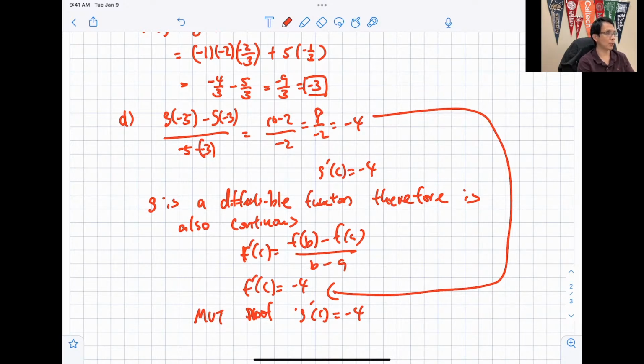Mean value theorem is you have a slope between those 2 points, and you will find the point in the middle that had the same slope. Yeah, f prime c equal to f b minus f a over b minus a. Also, another way to memorize mean value theorem is the derivative is equal to average rate of change.